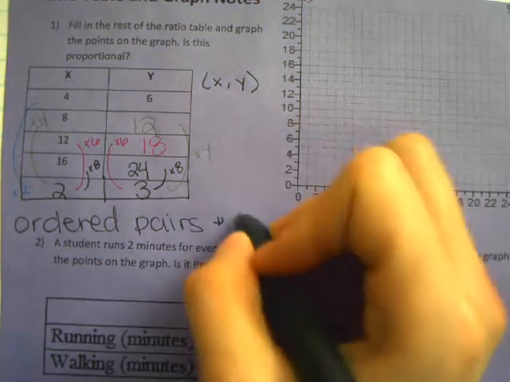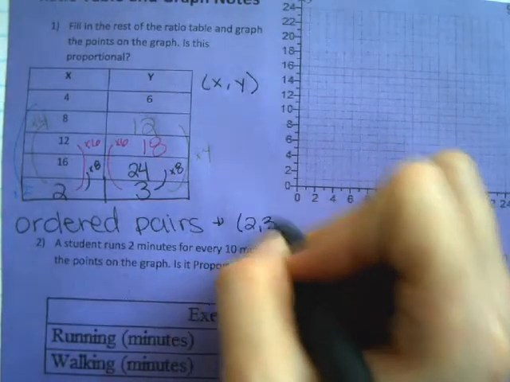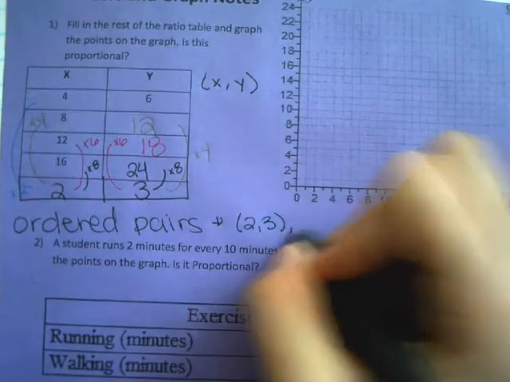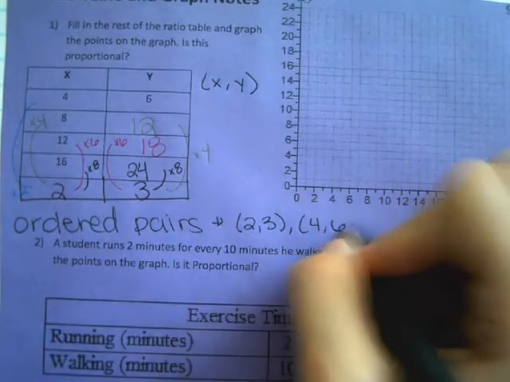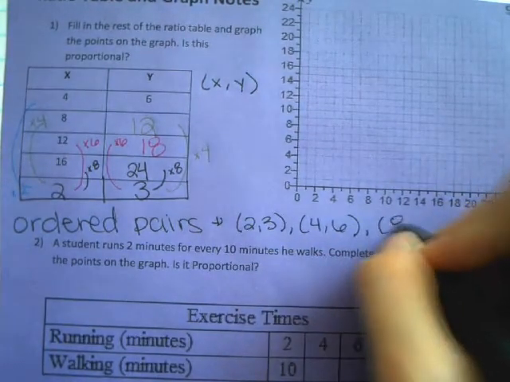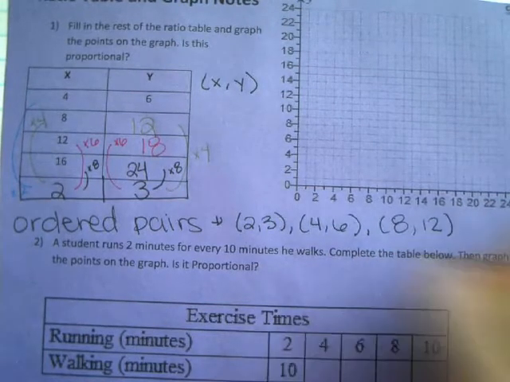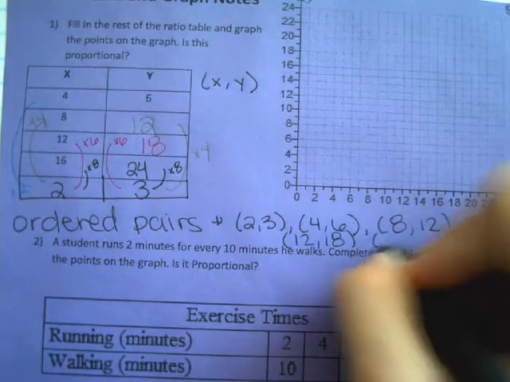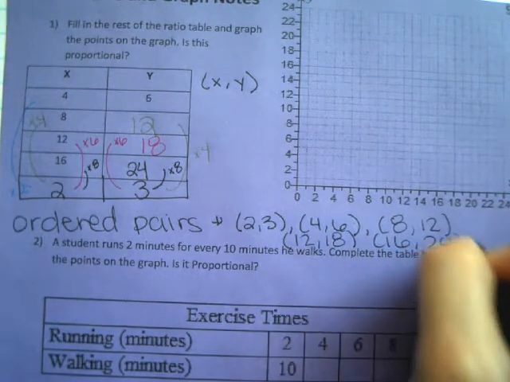So that means my first ordered pair is 2, 3, because that's my smallest one that we wrote down here. Then I have 4, 6. Then I have 8, 12. I have 12, 18. And I have 16, 24.